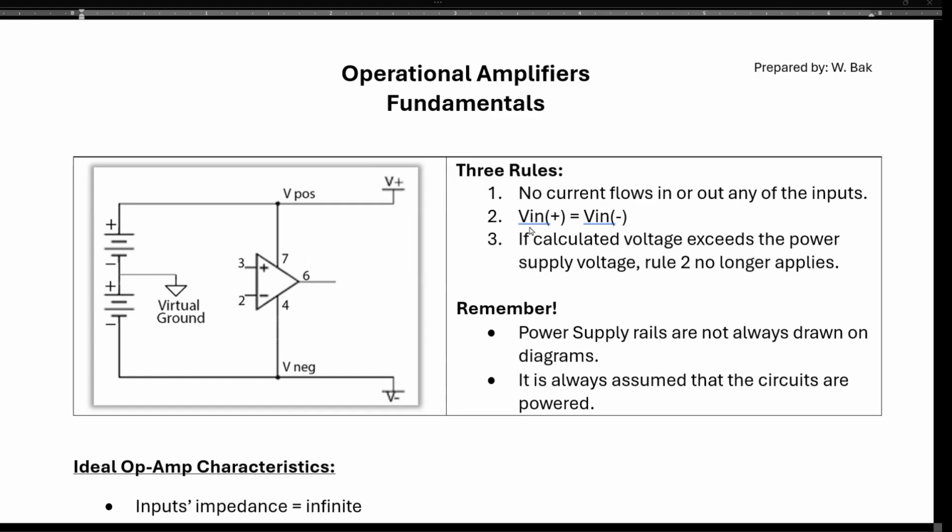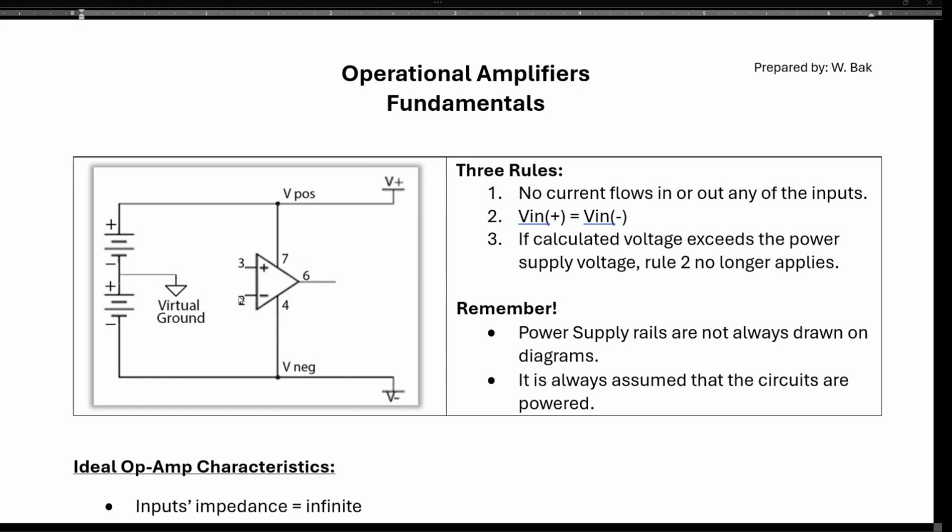Now, rule number 2, the non-inverting input voltage equals the inverting input voltage. So the voltage here is going to be always equal to the voltage here. Always, quote unquote, because there is that but. Okay, so always, this voltage equals this voltage.